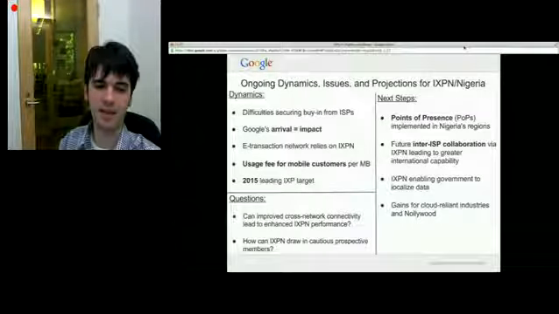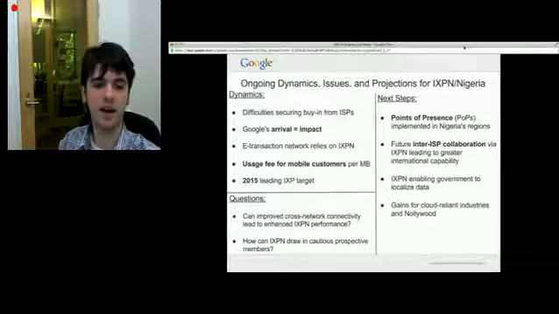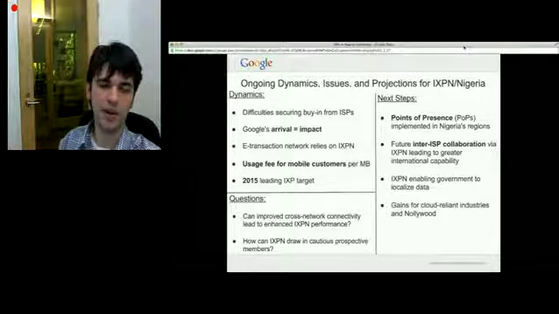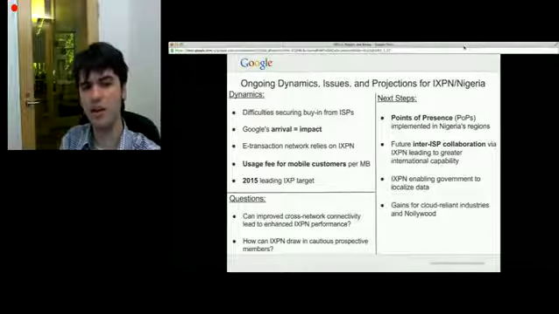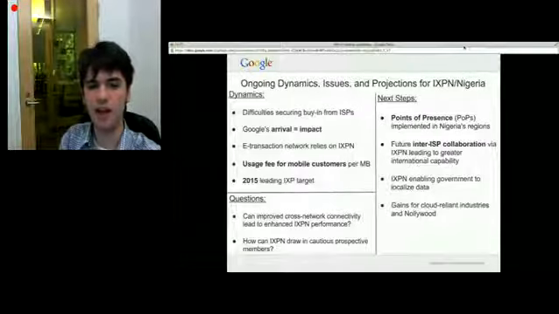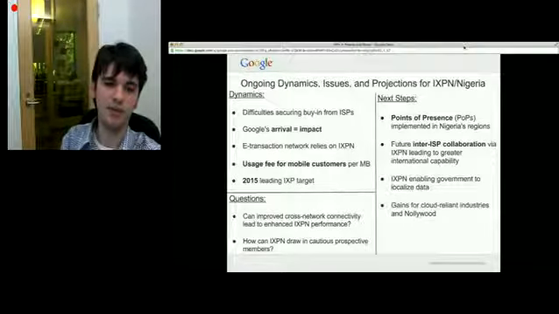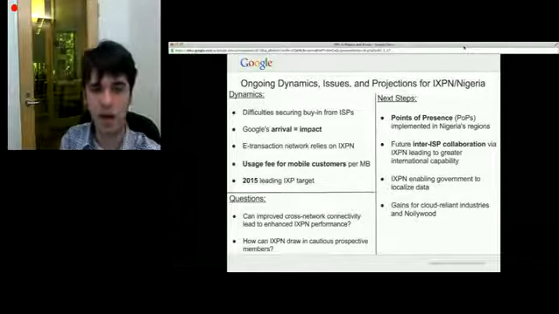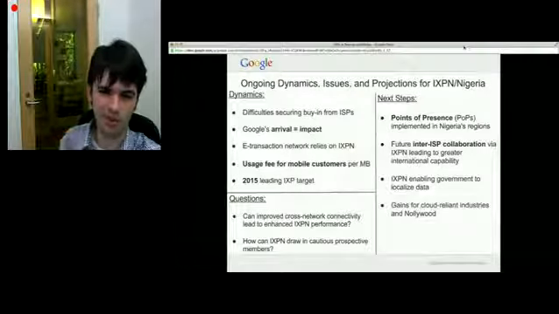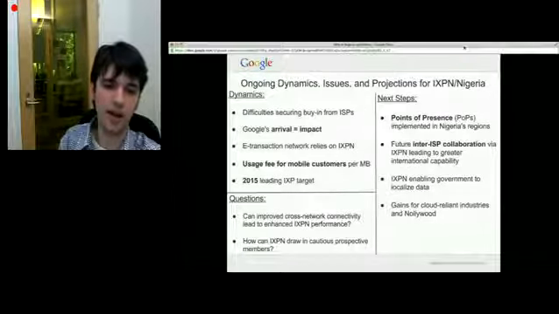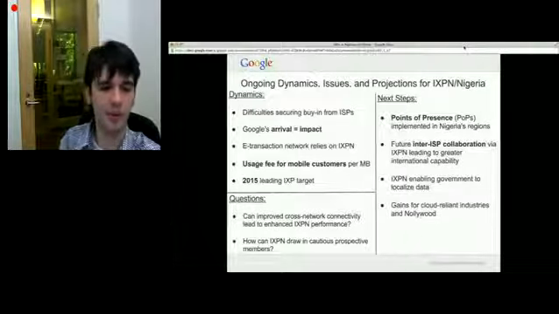And you're also seeing that the IXPN is adopting some solid practices, such as encouraging its members to use usage fees for mobile customers per megabyte, or even if they aren't specifically encouraging them, at the very least it's an expectation, or it's the norm within the internet ecosystem there, that mobile customers pay per MB versus a flat rate, and that usage-based rate helps provide a more tangible incentive for internet service providers to provide the quality connections that customers deserve in Nigeria.